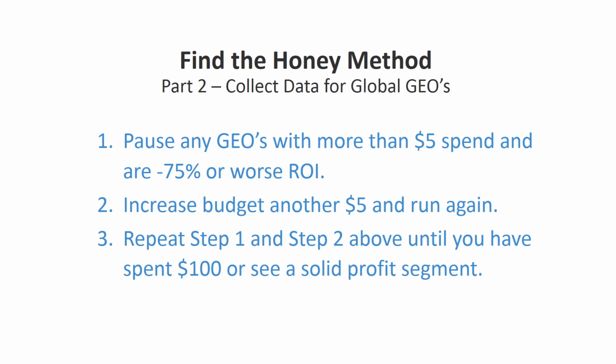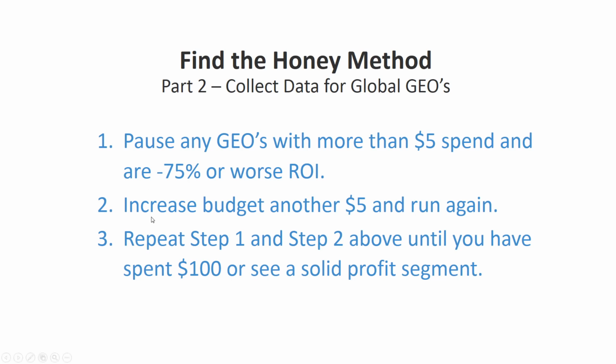Part 2 to this is you want to collect data for the global campaigns, for the global geos rather. You want to review the data, pause any geos in Zeropark with more than $5 spend and negative 75% ROI or worse. That's because it's just not showing a lot of potential early on, so you want to conserve your budget and be safe with that.